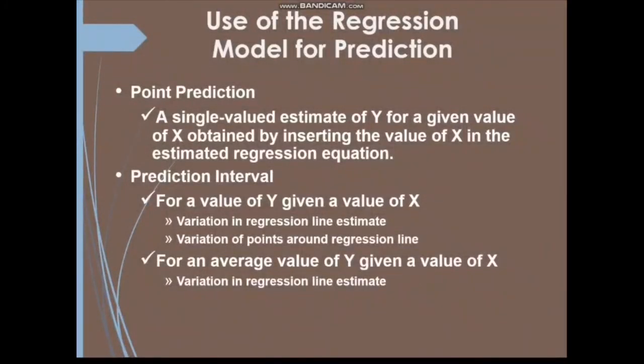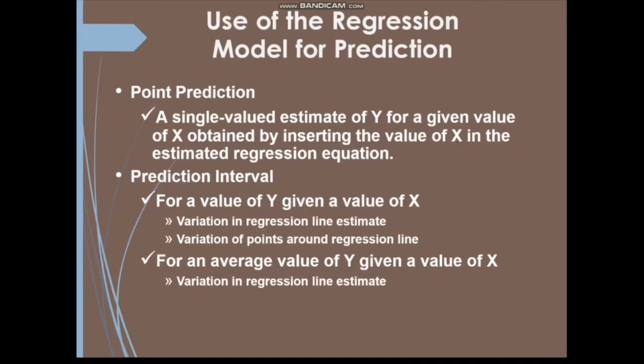And then we will discuss the use of the regression model for prediction. First, point prediction. Point prediction is a single value estimate of y for a given value of x, obtained by inserting the value of x in the estimated regression equation. And then there is prediction interval. There are two kinds of prediction interval.